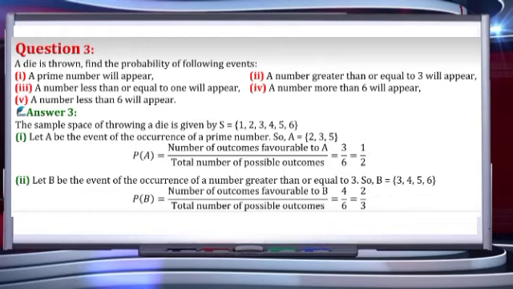Greater than or equal to 3 means favorable outcomes will be 3, 4, 5, 6. That is a total of 4. Hence, the probability of getting a number greater than or equal to 3 is 4 by 6, that is 2 by 3. Similarly, for the rest of the parts, you can try by yourself.